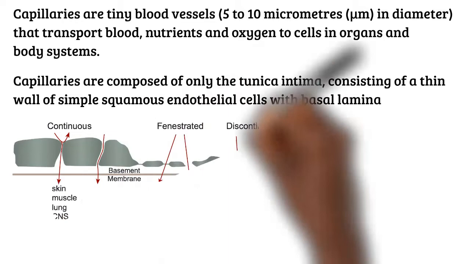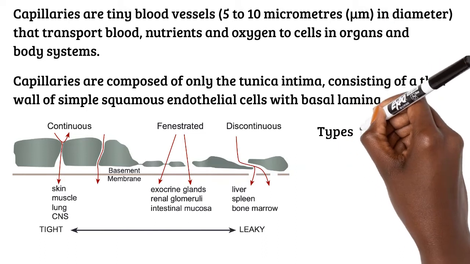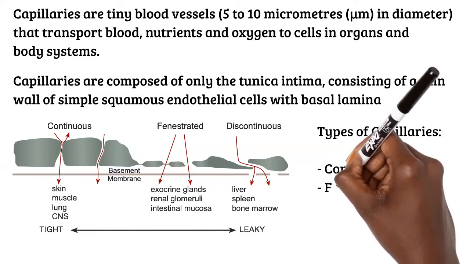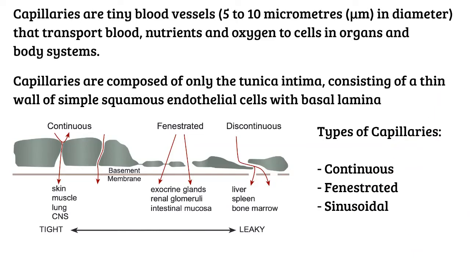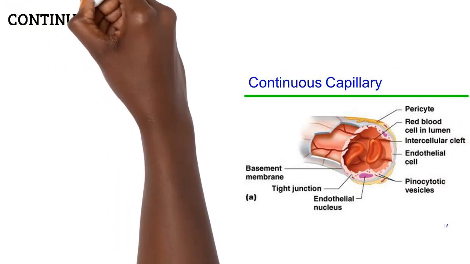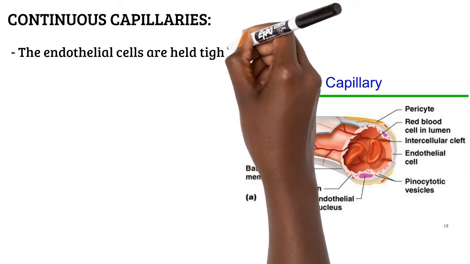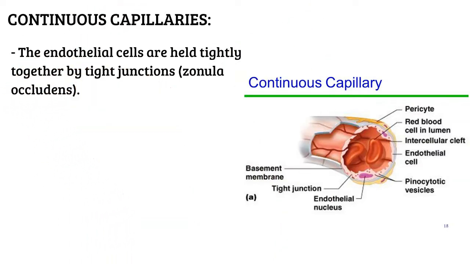So let's move to the types of capillaries. We have the continuous, the fenestrated, and sinusoidal capillaries. In continuous capillaries, the endothelial cells are held tightly together by tight junctions, also known as the zonula occludens.